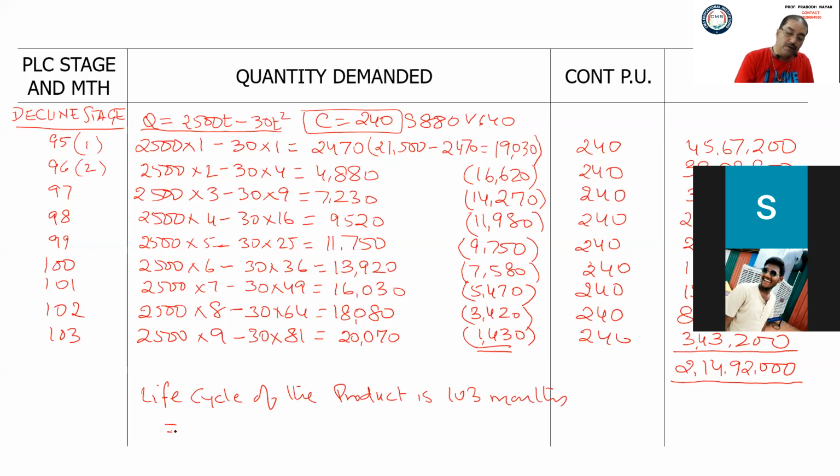So tell me how many years and how many months? 8 12s are 96, 4 and 3, 7. 8 years, 7 months.